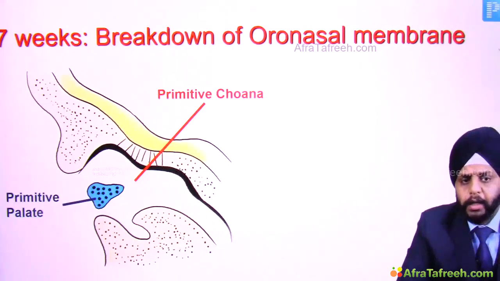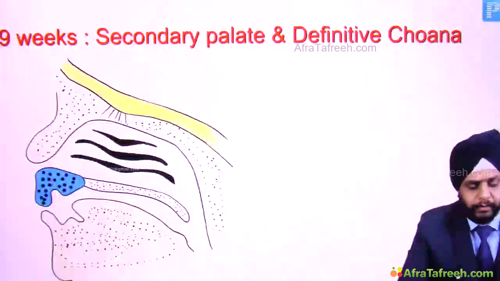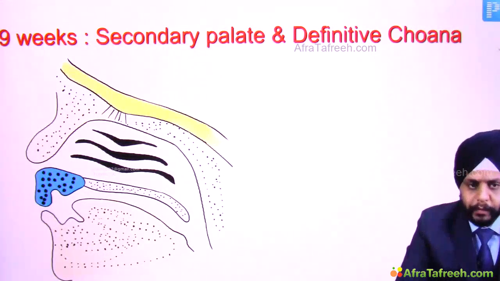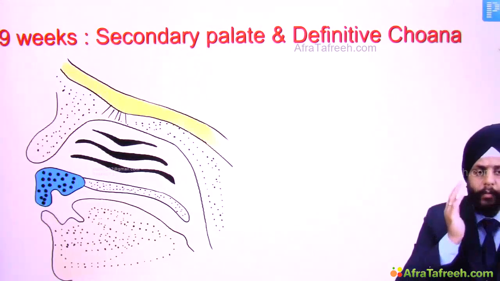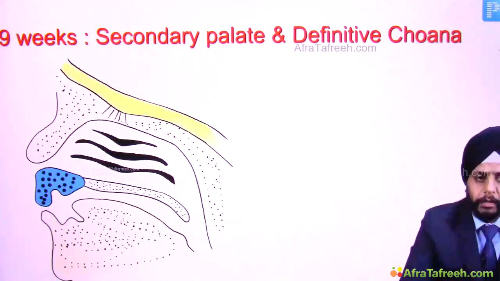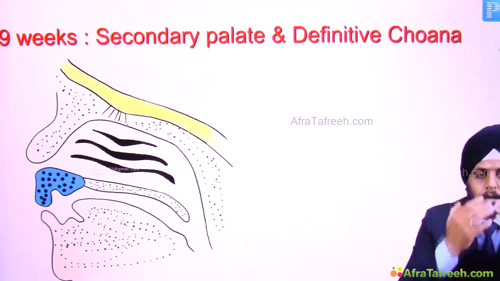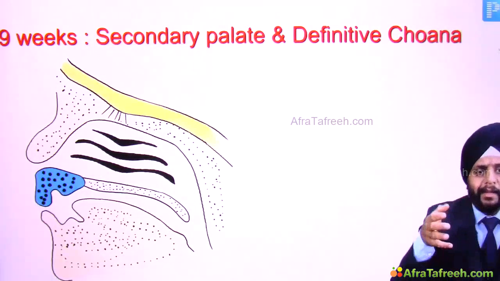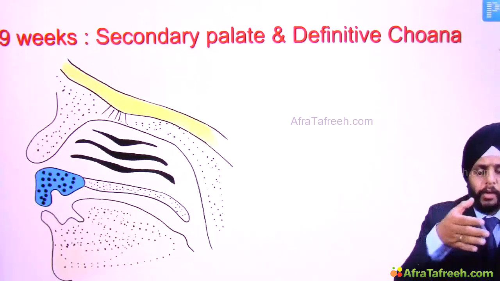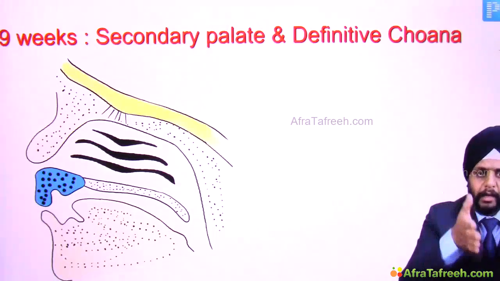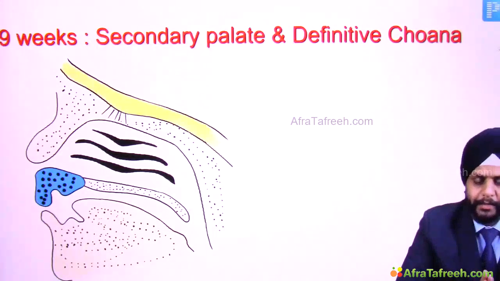Okay, and by 9 weeks, we discussed about the maxillary process. The maxillary process grows from the side, and it comes and tries to meet in the midline. It is not able to meet because in the middle we have the intermaxillary process. Now this maxillary process, when it is growing from the sides, it gives a plate of bone, a vertical plate.